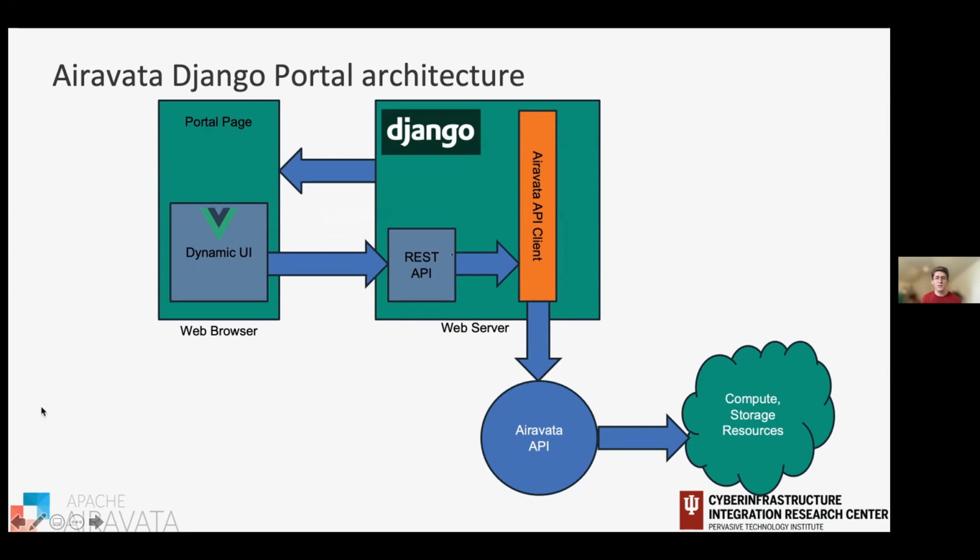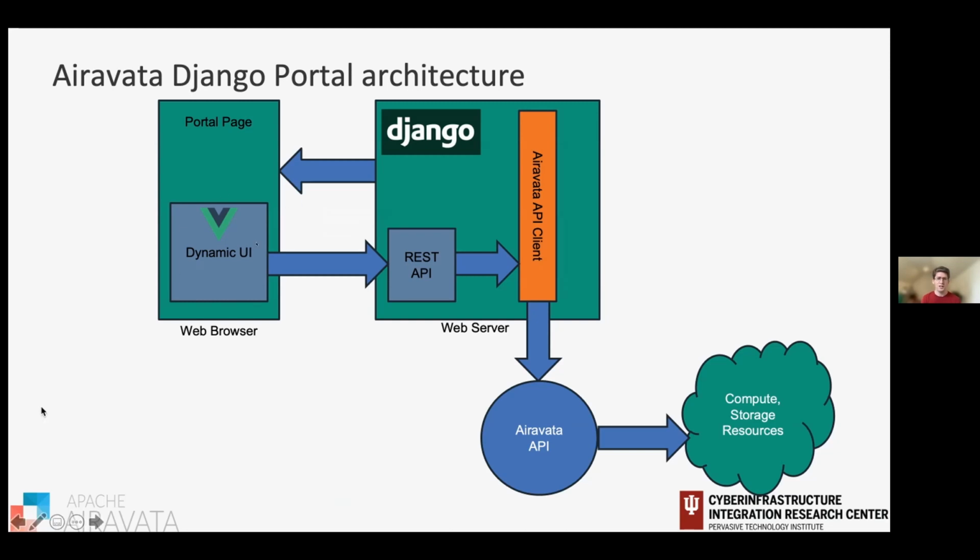And to make it easier for the front end in these Django portal web pages to communicate with the Airavata API, we created a REST API bridge. So when a user logs into the Airavata Django portal, they get back a page that has some dynamic front-end code. We're using Vue.js for the dynamic UI code.